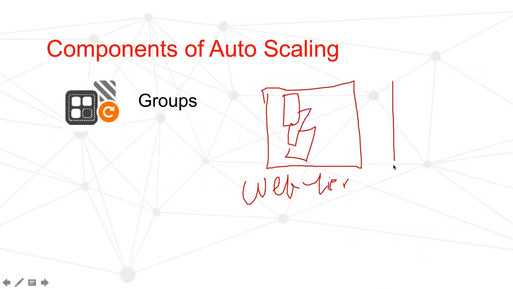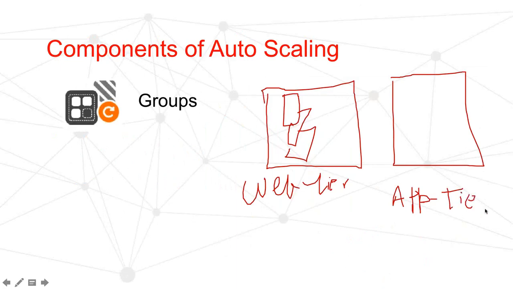You have another group called application tier, app tier, that will work at the back end to support your web instances. So based upon the functionalities, based upon the set of application services running upon those instances, you group your instances in the form of auto scaling groups. Right?